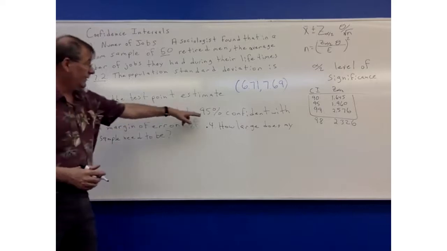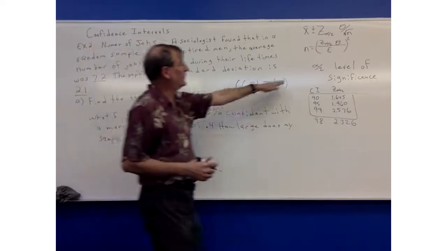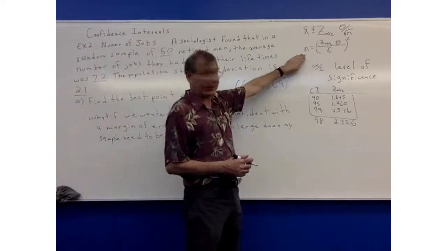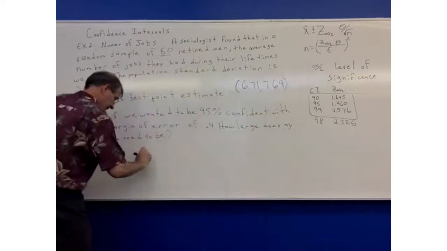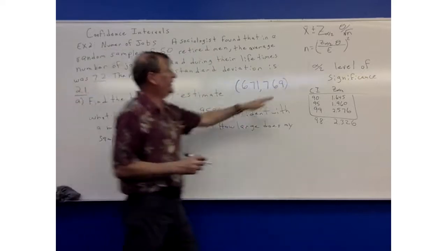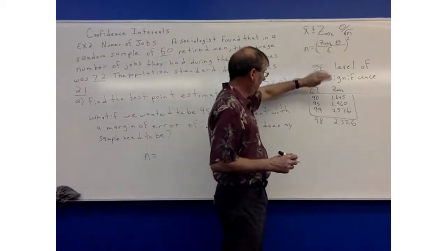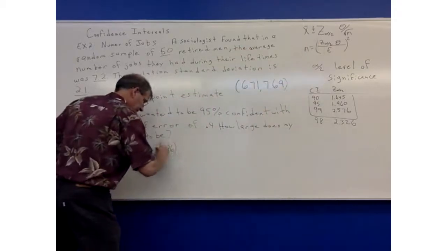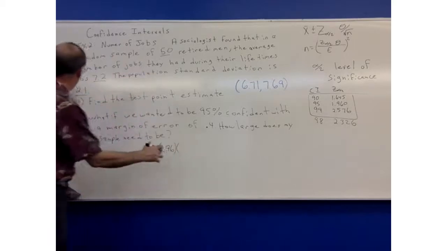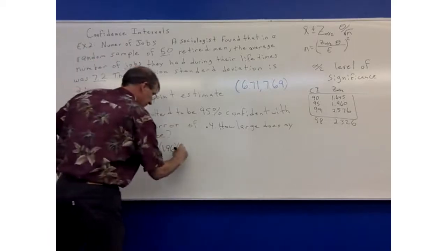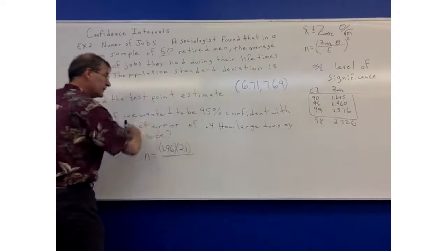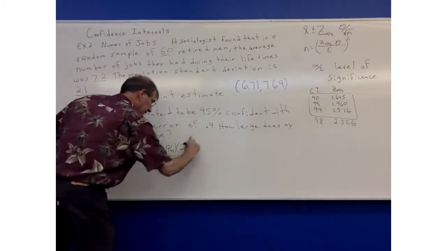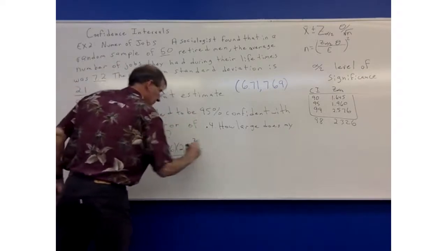Okay, how large does my sample need to be? Well, what do we have? We want to know how large the sample is. We're going to need to use that equation again. N equals, we need the critical value for 95, 1.96. We need the standard deviation for this problem, 2.1, over the margin of error, 0.4, squared.